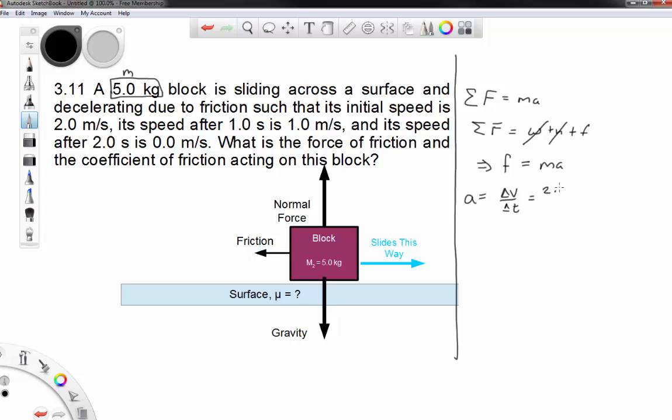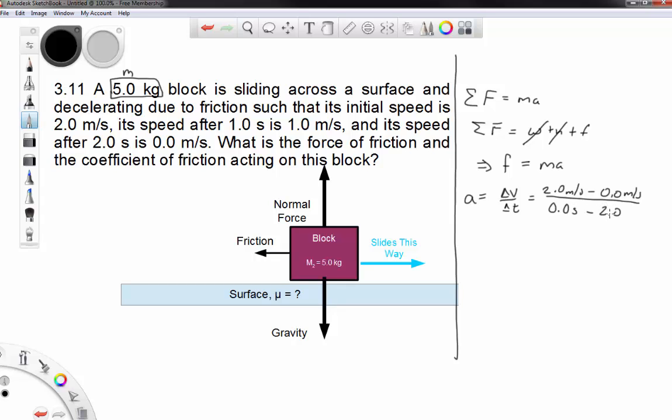get the same answer. So we'll use 2.0 meters per second, which is our initial speed, minus our final, 0.0 meters per second. And our initial time was 0.0 seconds.